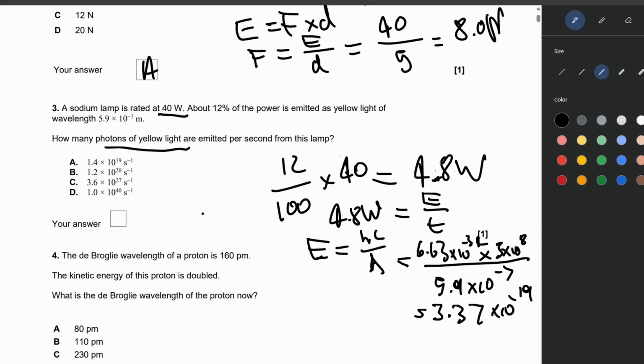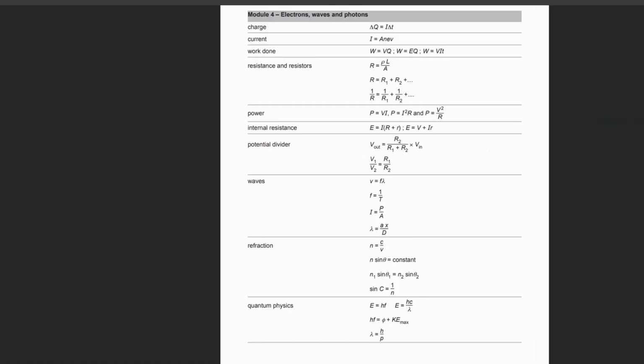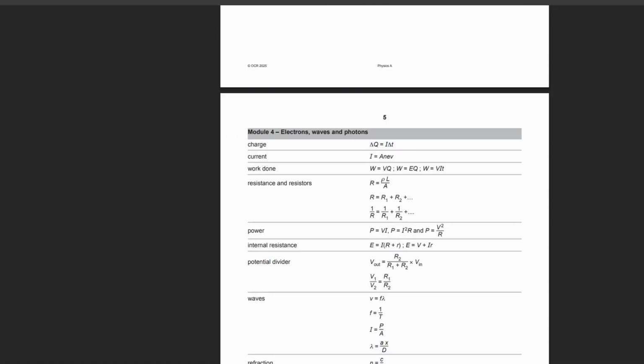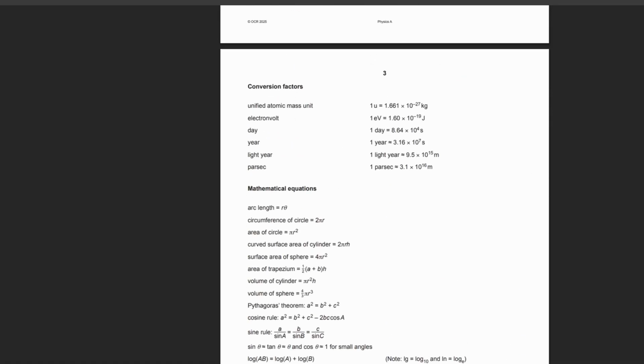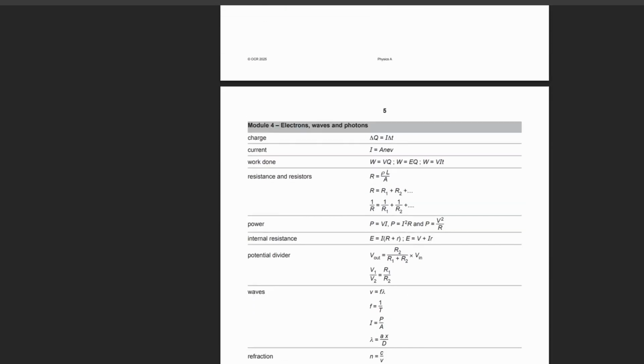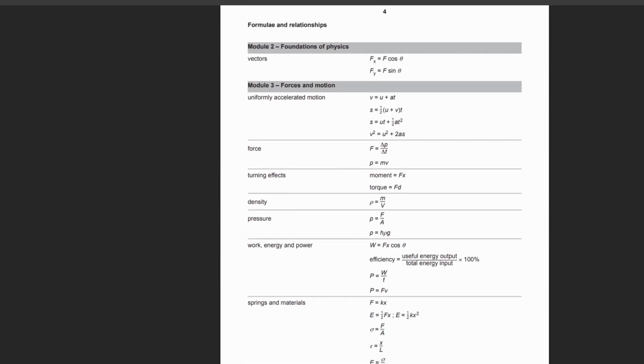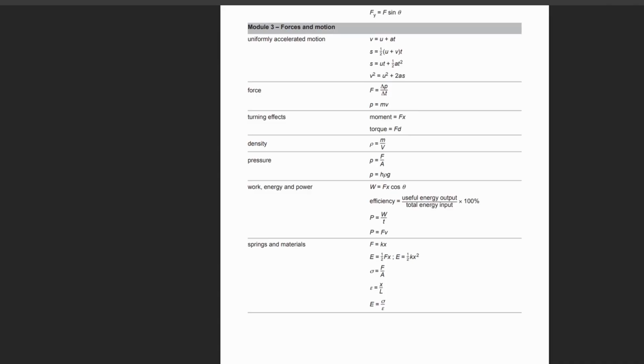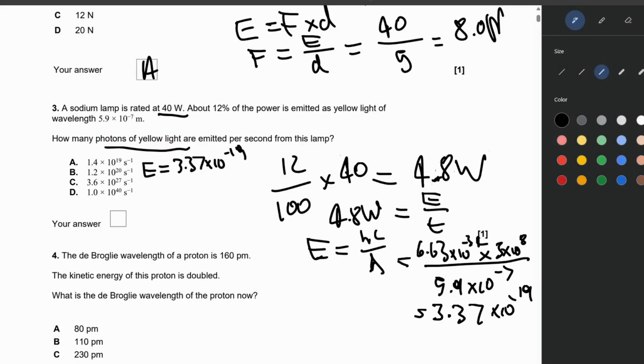So let's just say energy equals... power equals energy over time. So why do I need power? Power equals energy over time. Power equals joules per second.